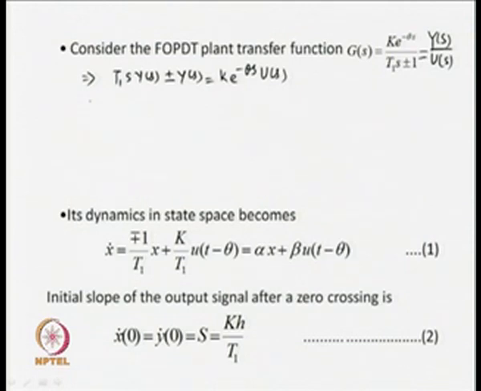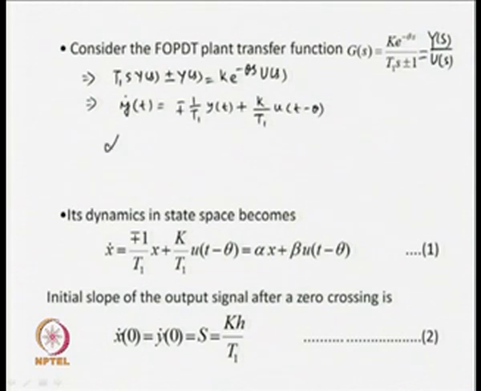Again, when the inverse Laplace transform is taken, the same expression is given by y dot (t) is equal to minus plus 1 upon T1 y(t) plus K upon T1 u(t minus theta). Thus, we have got a delayed input to the system, u(t minus theta).